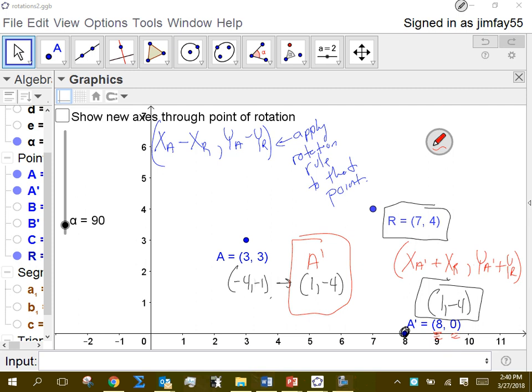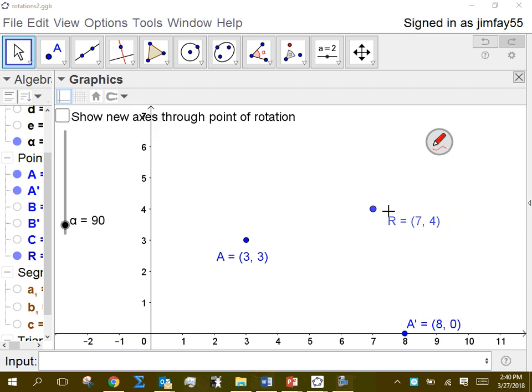So I want to do this with you in regards to an entire shape instead of just a point. Because if I am just doing one point, guys, it doesn't make a whole lot of sense to maybe use those formulas.